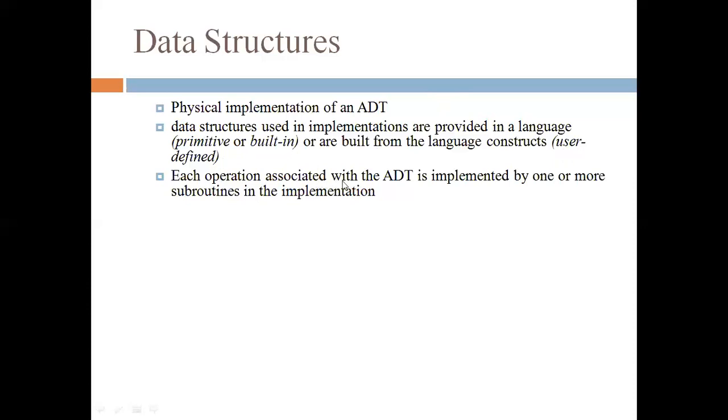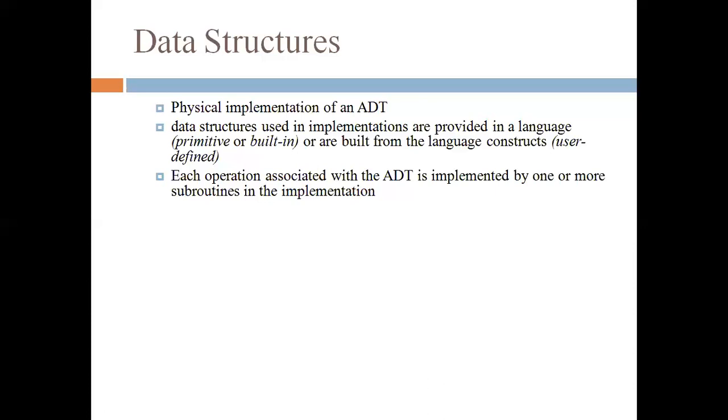Each operation associated with the abstract data type ADT is implemented by one or more functions or subroutines. Like if you talk about stack, then we need two operations, push and pop.